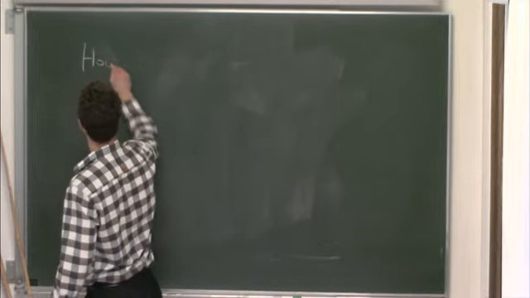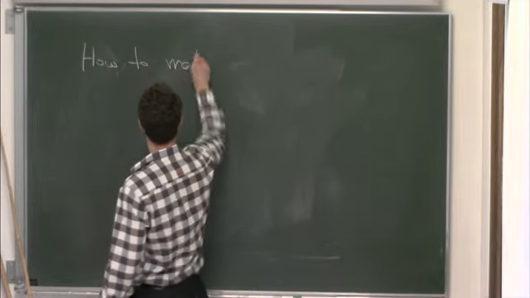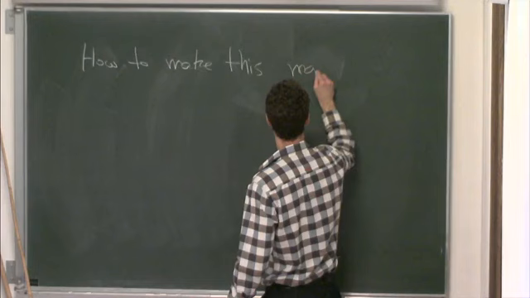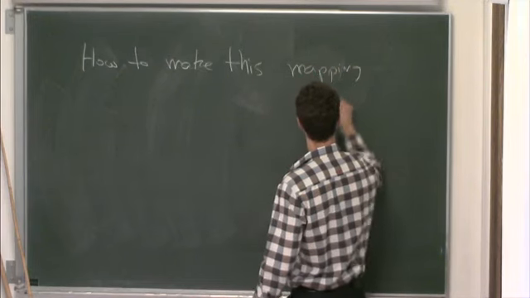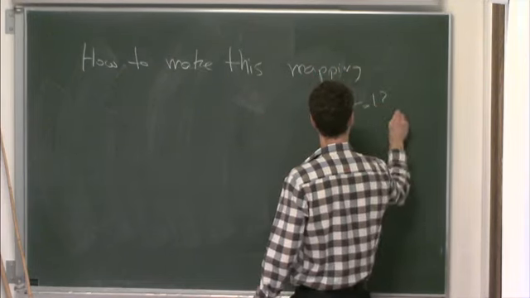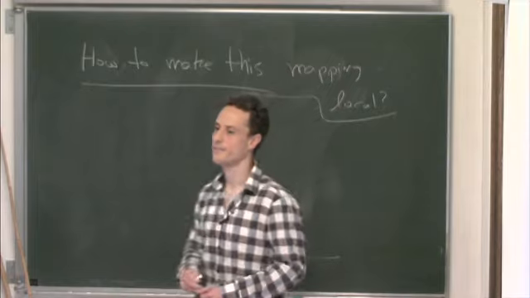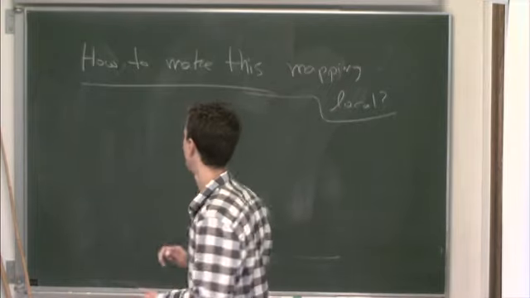How to make this mapping local? So I call it the greedy algorithm.